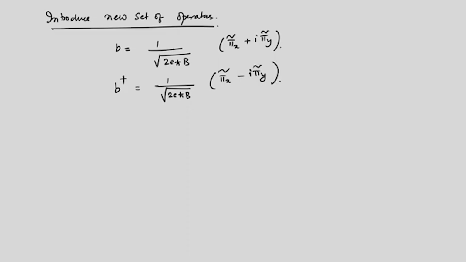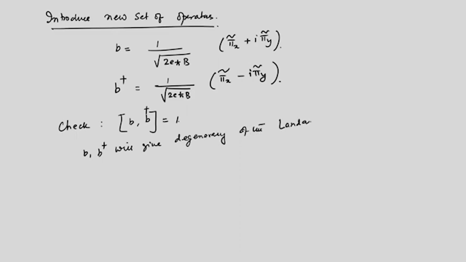So, these are the b and b dagger operators, and you can check that the commutator of b and b dagger is equal to 1. And these b and b dagger will give the degeneracy of the levels. Okay. We will see how.